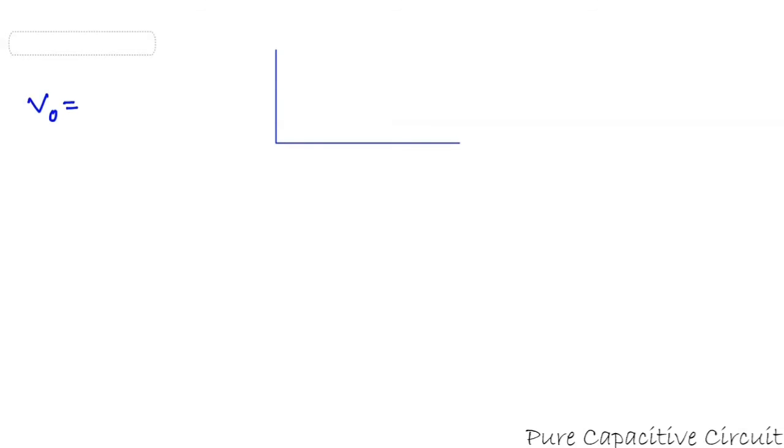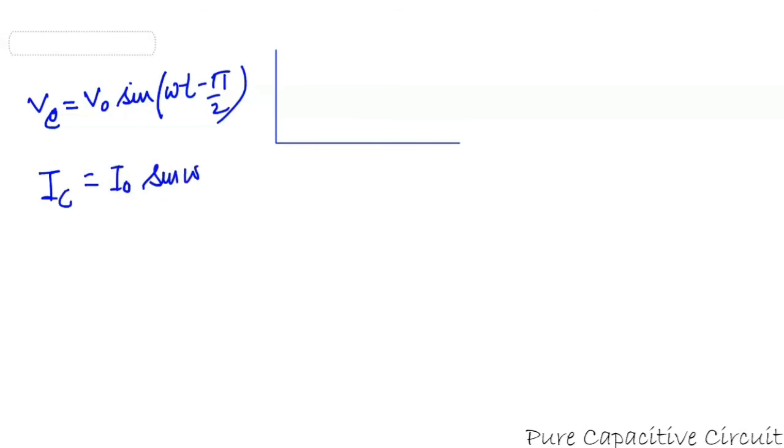We know V_C = V_0 sin(ωt − π/2), and I_C = I_0 sin(ωt). The graph of I_C will be a sine function, and its maximum value is I_0. Now, what will be the value of V_C at t = 0? At t = 0 it has the value sin(−π/2), which is −1. So it will be something like this.